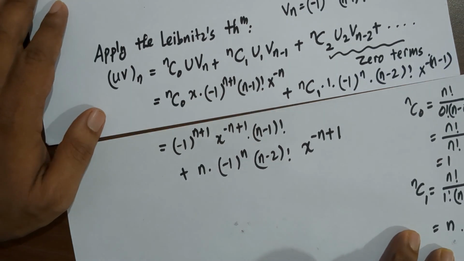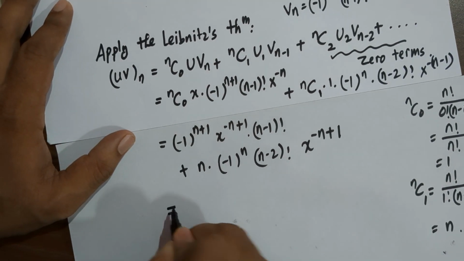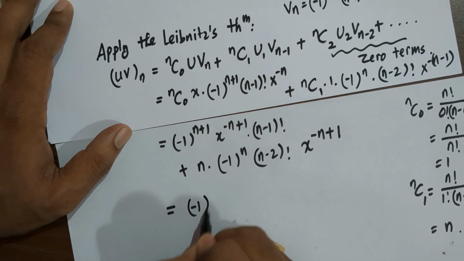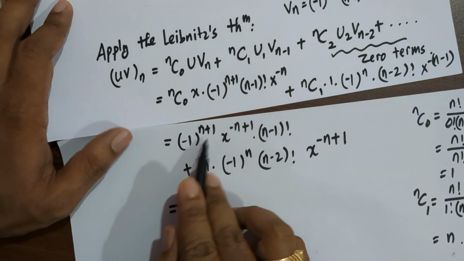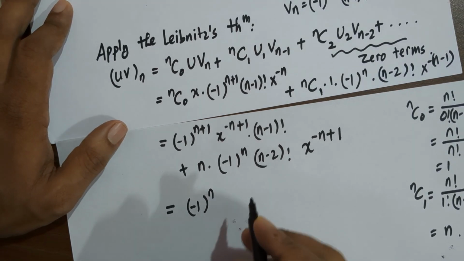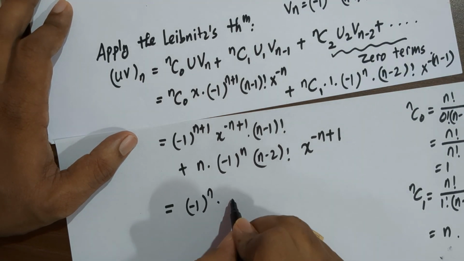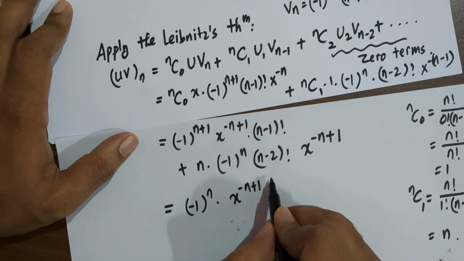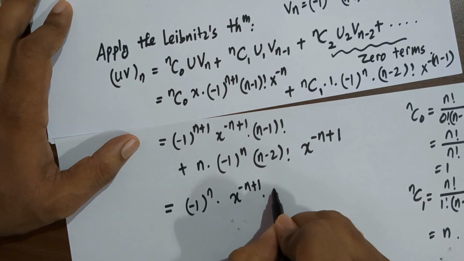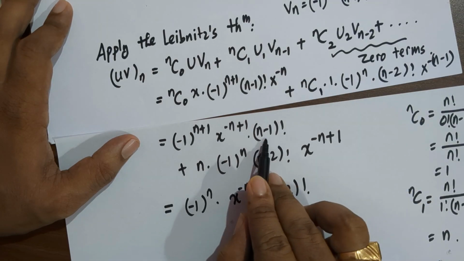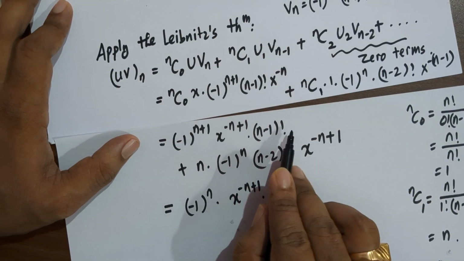So we have, let's take the common terms outside. We have minus 1 to the power n. Here we have n plus 1 times minus 1, and here we have n times minus 1, so I can take minus 1 to the power n outside, and x to the power minus n plus 1 is common in both of them, and we have n minus 2 factorial in each of the terms, because here we have n minus 1 factorial, which is n minus 2 factorial times n minus 1.